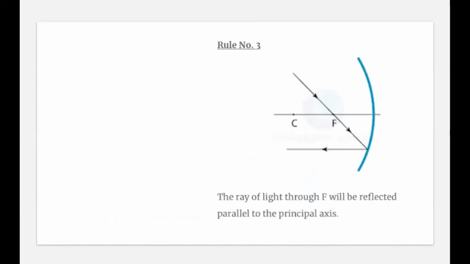And let us see the rule number 3. The ray of light through focus will be reflected parallel to the principal axis. If you see, rule 2 and rule 3 are exactly opposite of each other. What we say is, if the ray of light is passing through the focus, it will be parallel to the principal axis.